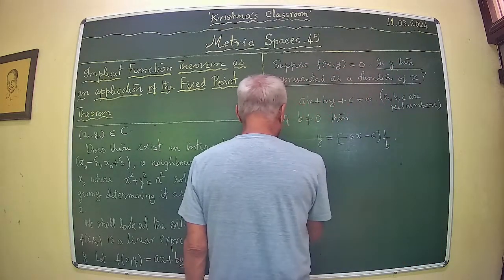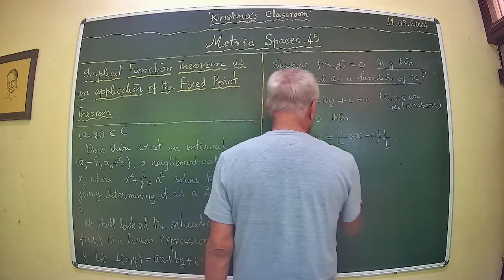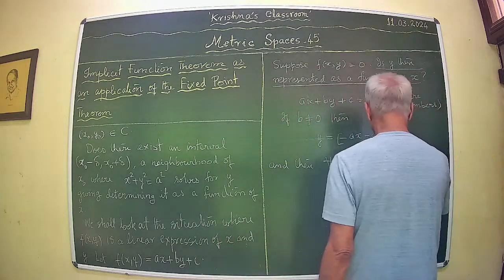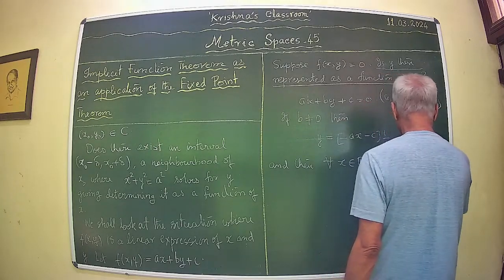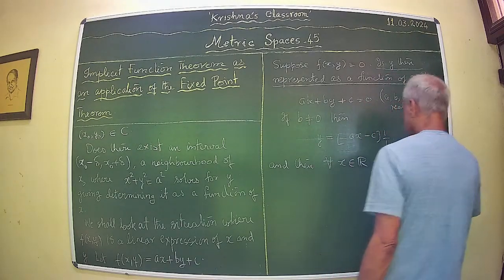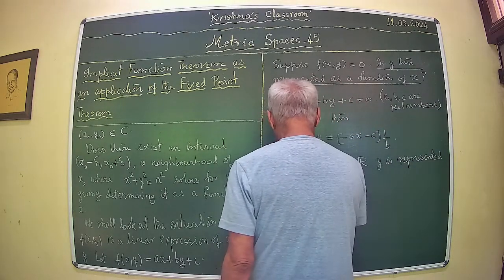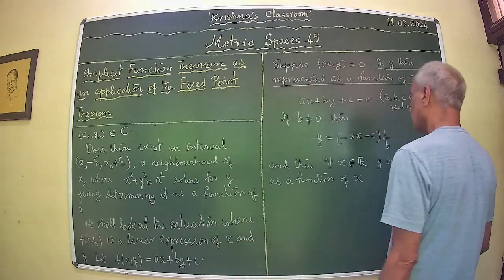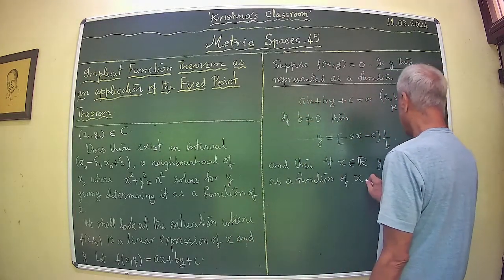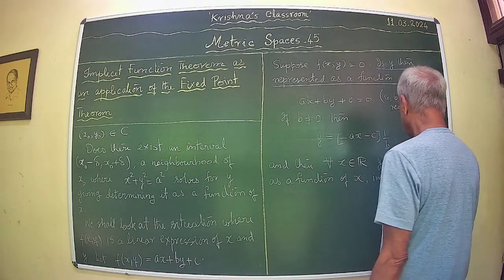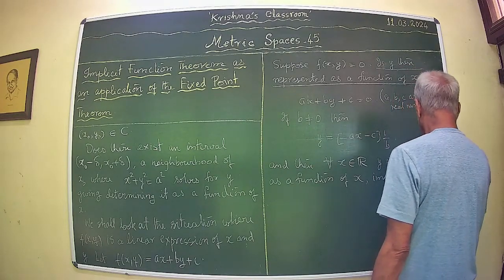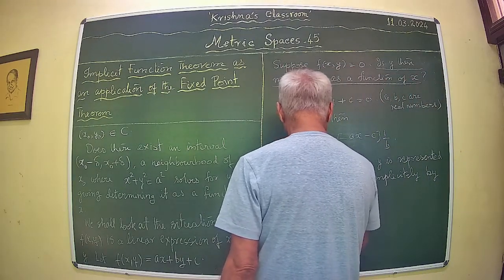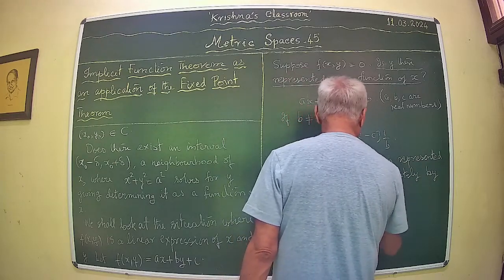And then y is given implicitly by the equation f of x, y equal to 0.